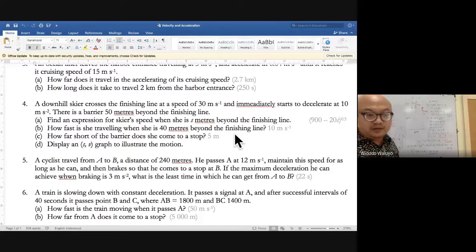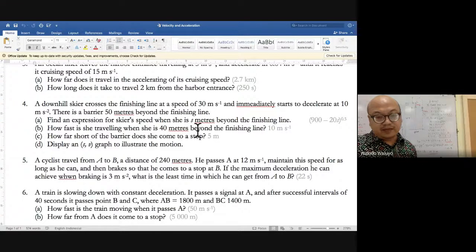Yang ini kan hover short the barrier does come to stop. Sebentar, ingat-ingat dulu. Kan setelah itu kalau nggak salah kita dapat 45 meter, ya kan?